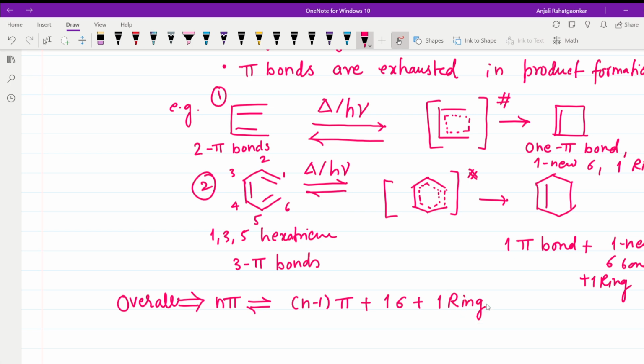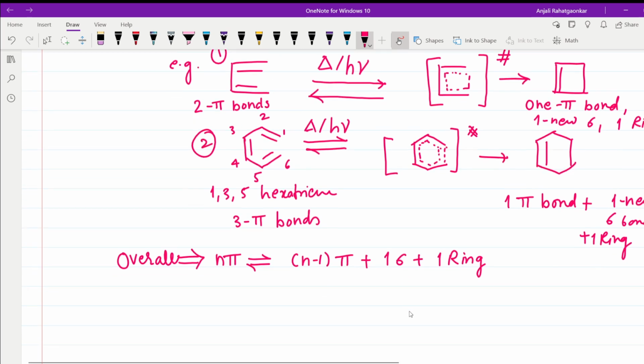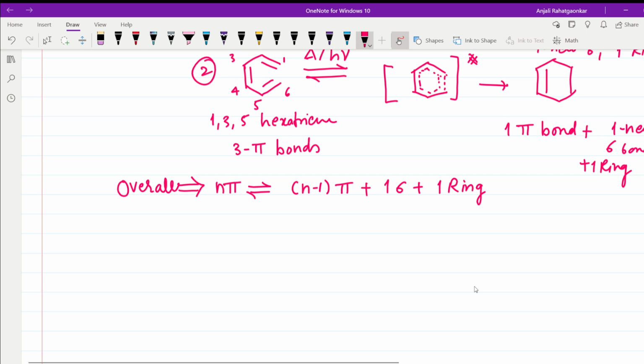This is the accountability of the electrocyclic reaction. In the product, these are the changes we can observe: n pi will change into n minus 1 pi, 1 sigma bond and 1 ring.